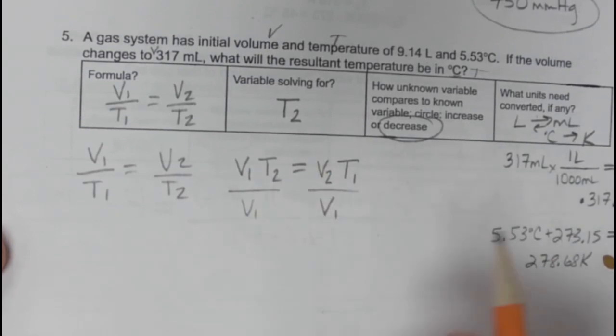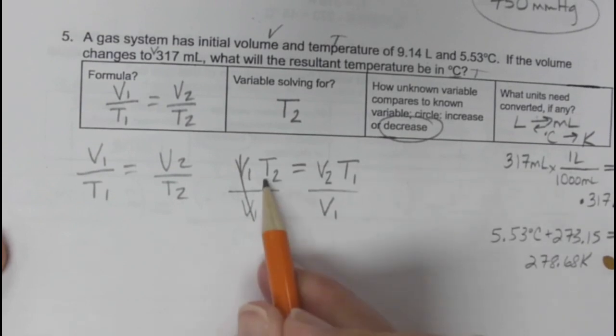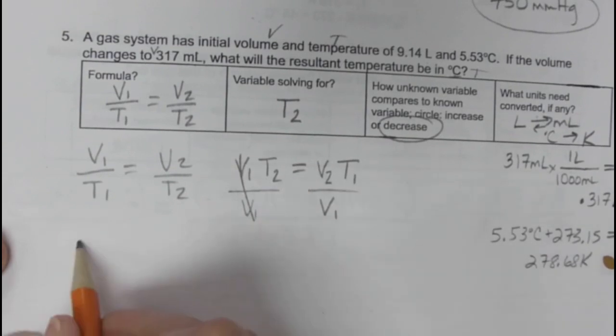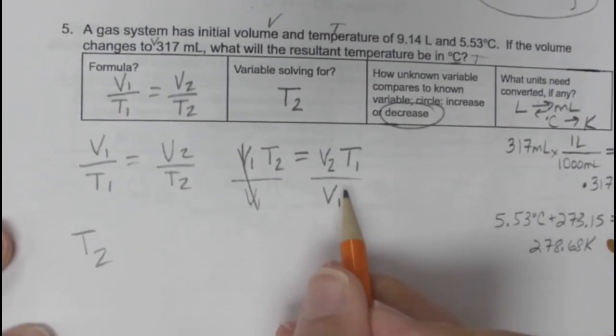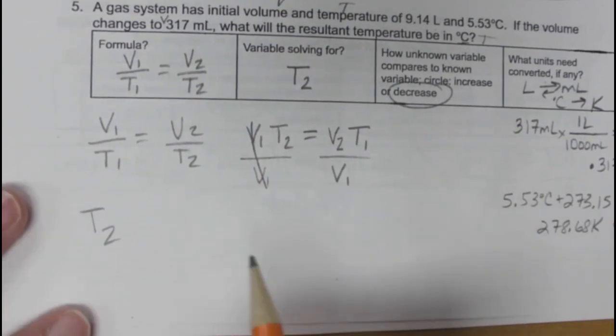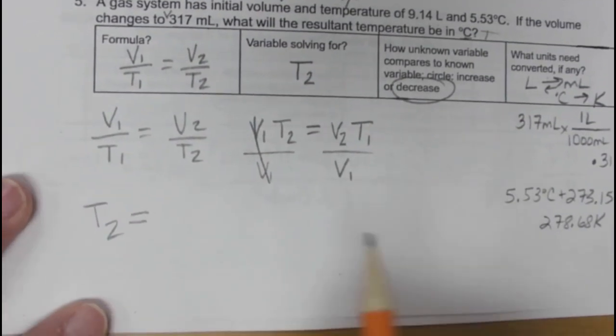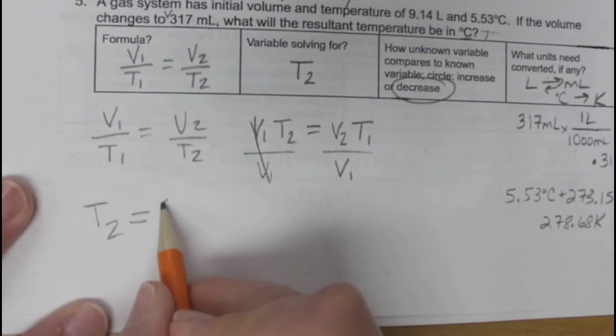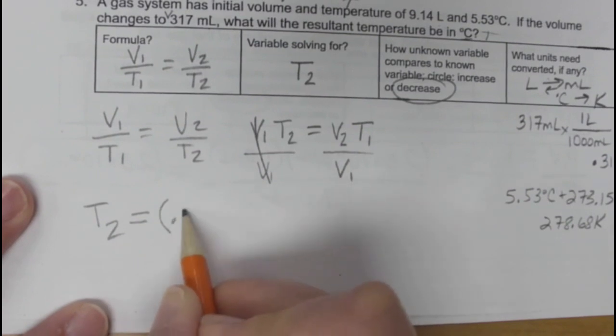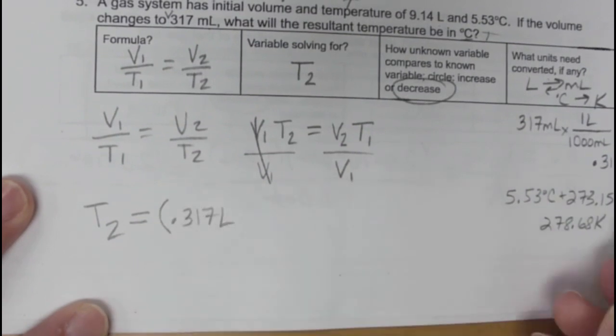So we're going to multiply both sides by that. That cancels. So T2 is equal to V2 times T1 divided by V1. I'm going to write it down here so we have more room. So V2 was 0.317 liters. Remember, I had to convert that.